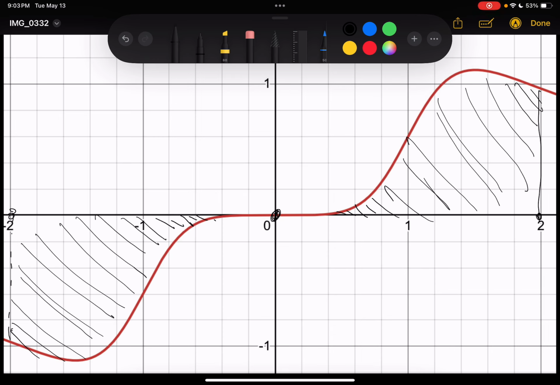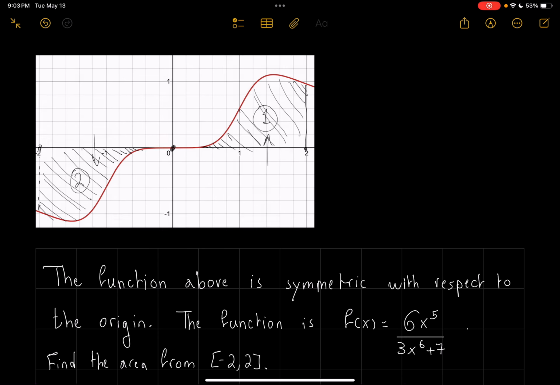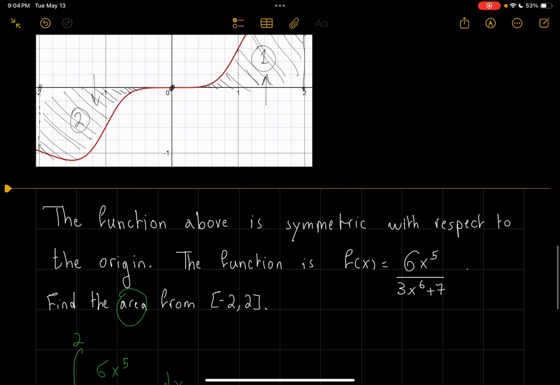So if you find the area of section 1, it's like you're finding the area of section 2 as well. It's literally the same number. The only difference is that mathematically speaking, this is going to be positive and this is going to be negative. But since they said the word area, I'm going to take the positive value of it, of course, even if it gives me a negative value.